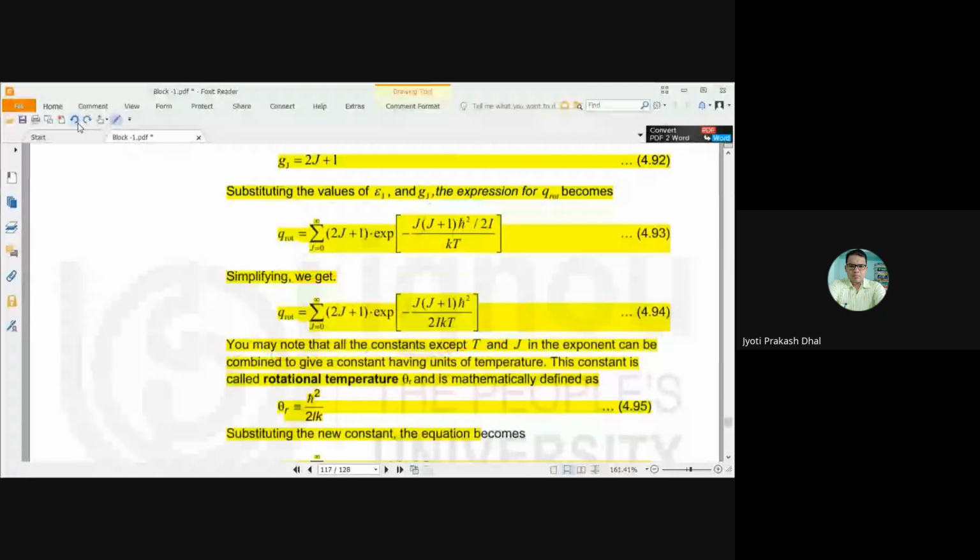You may note that all are constants except J and T. So here J is one variable and T is a variable. The remaining parts are constant.